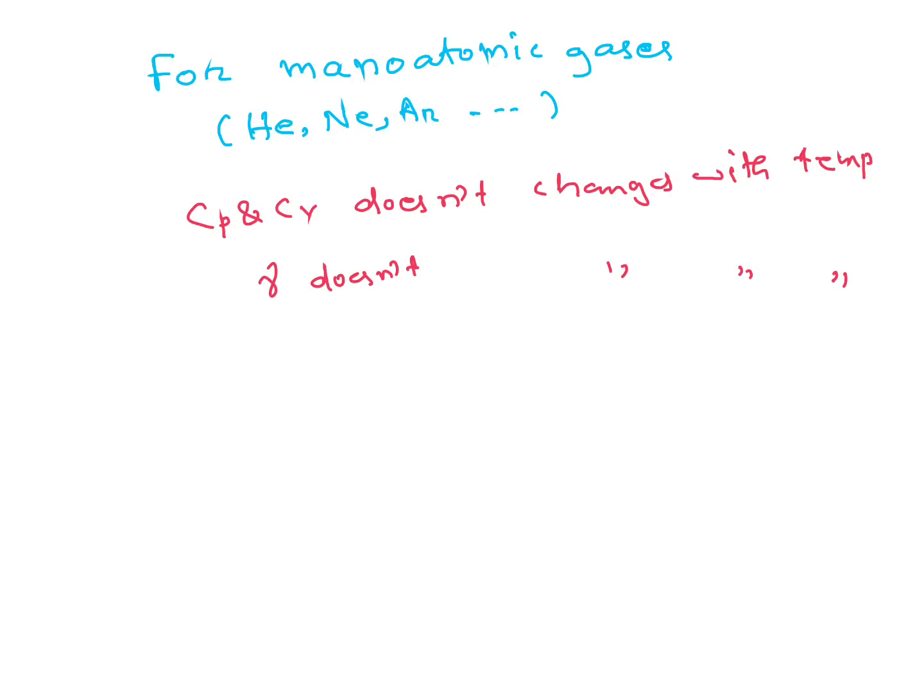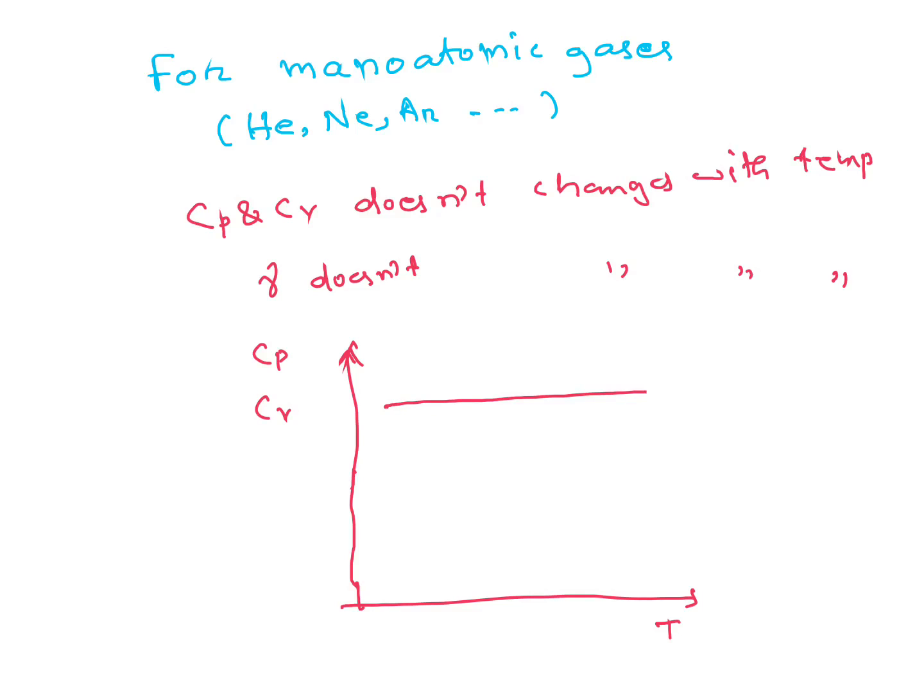Here graph is for monoatomic gases only. Cp, Cv, then temperature. It will go like a straight line. Both are parallel. Here Cp, Cv, gap is R.